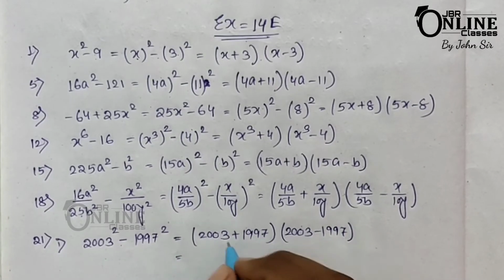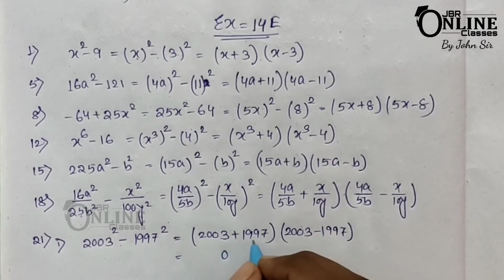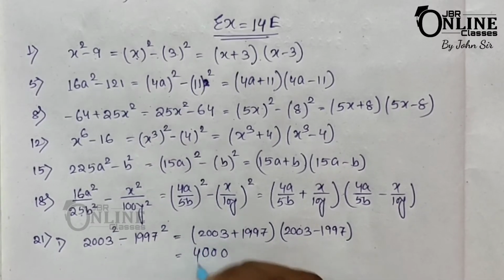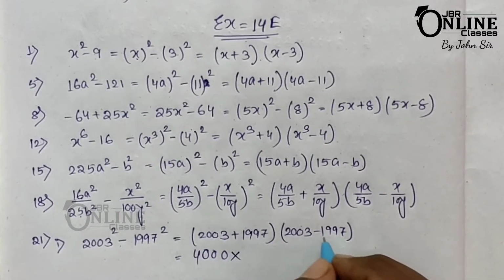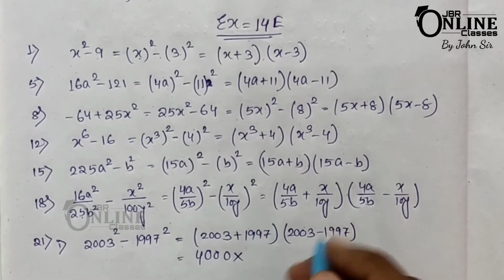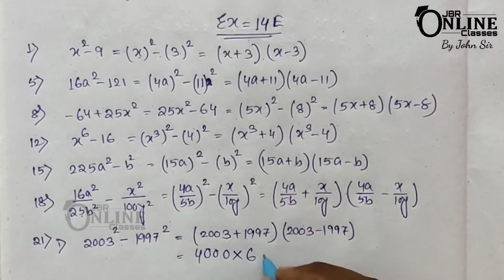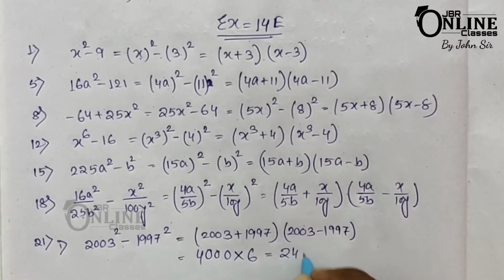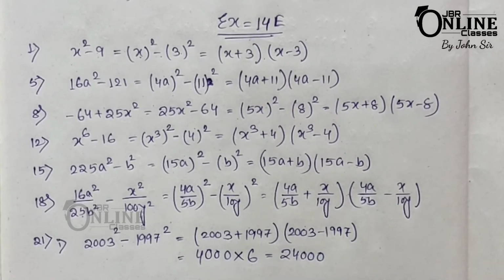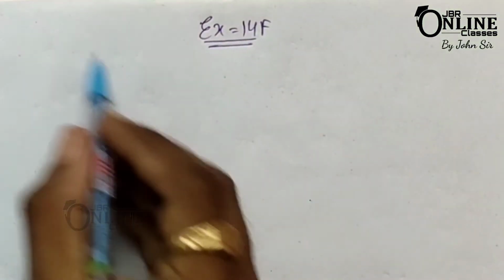Just add it: 7 plus 3 is 10, write 0 and carry 1, 9 plus 1 is 10, and again 2 plus 1 is 3, so it's 4000. Now here just subtract: 13 minus 7 equals 6. So 4000 into 6 equals 24,000.